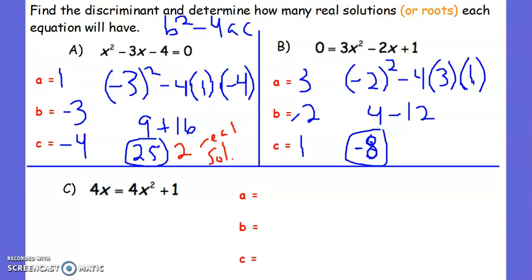That's the value of our discriminant. And again, if the discriminant comes out to a negative number, then we have no real solutions.